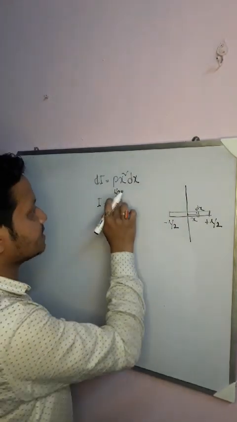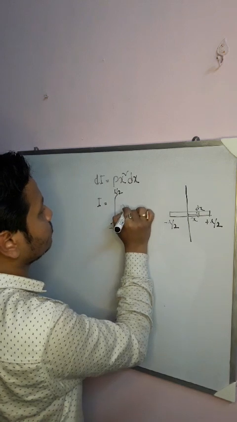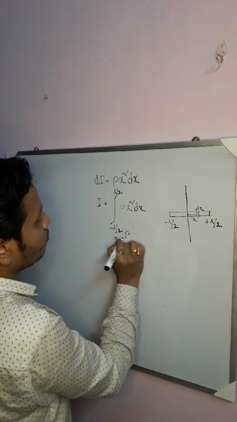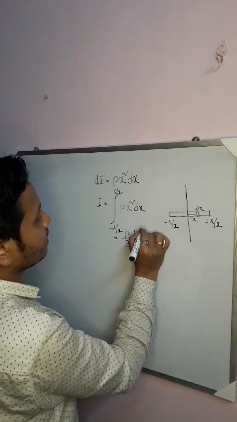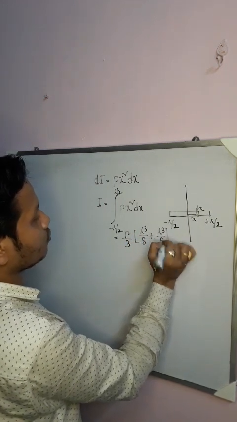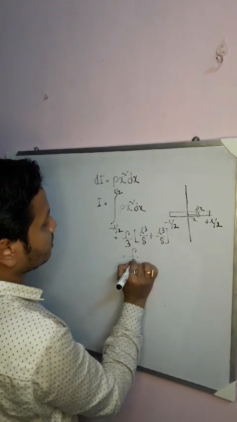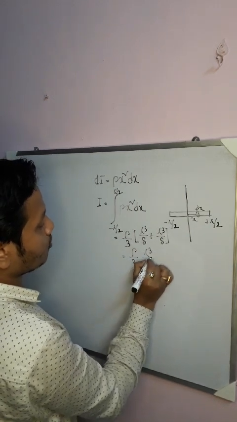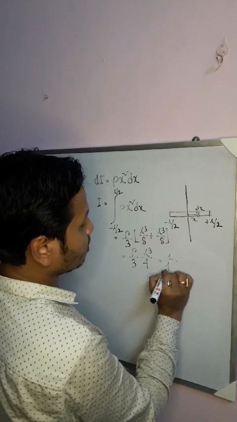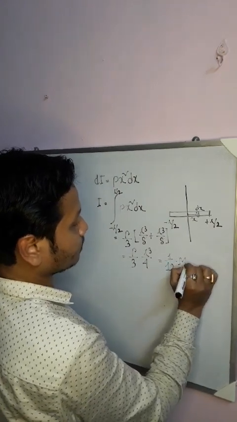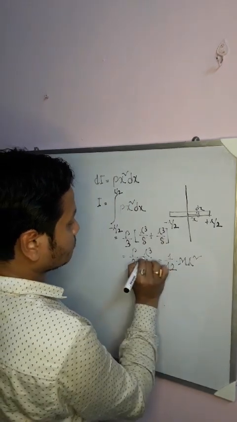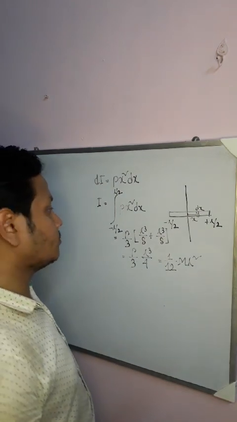So this will be rho by 3 x cube, that means L cube by 8 plus L cube by 8. This is simply rho by 3 into L cube by 4. So the answer is 1 by 12 M L square.